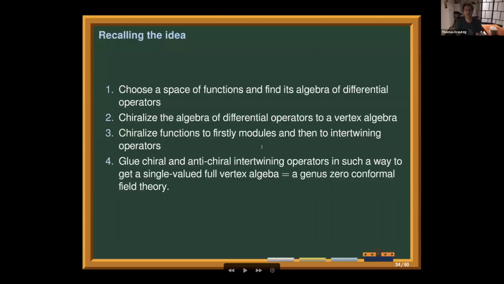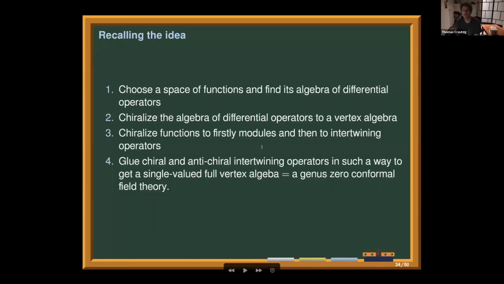And then we chiralize the algebra of differential operators to a vertex algebra, the symmetry algebra of the CFT. Then we chiralize the functions to firstly modules, but then much more important to intertwining operators, because intertwining operators tell us how one function acts on another function, producing a third function.